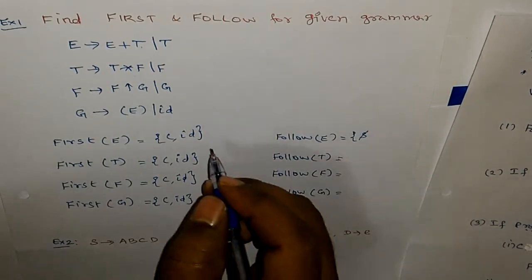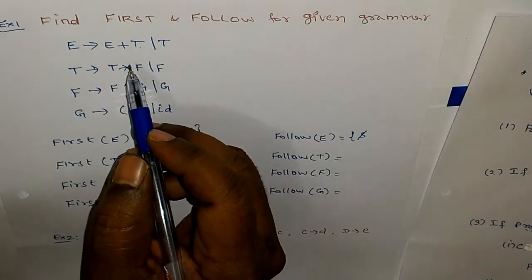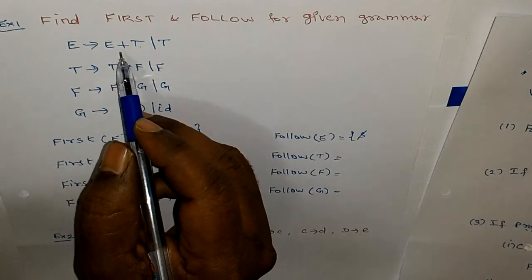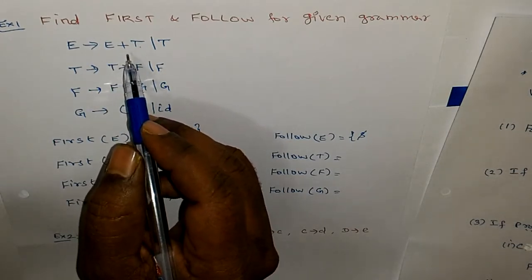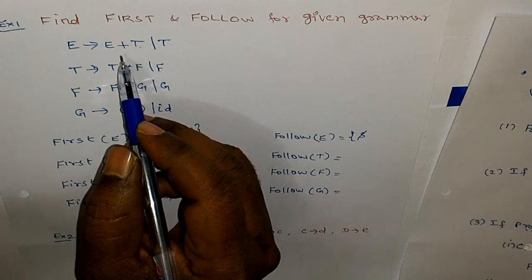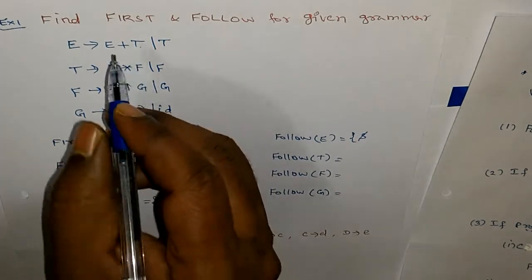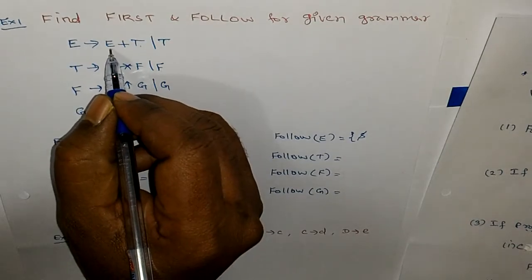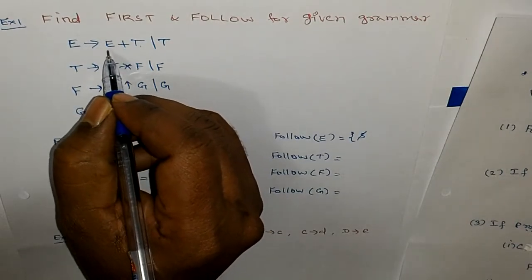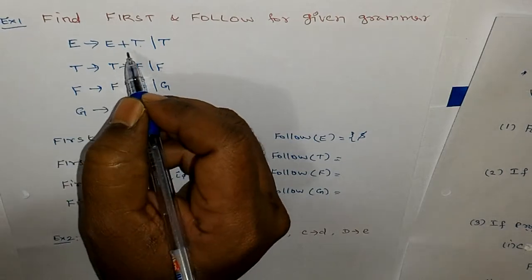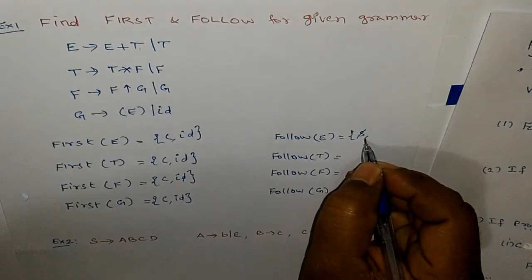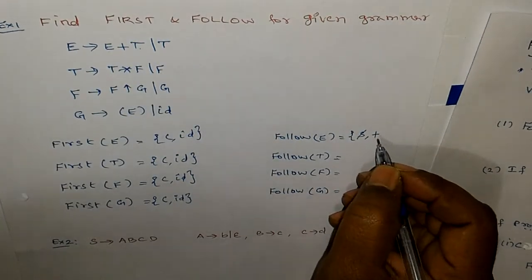Then we have to check wherever E is there in the RHS of all the productions, and find the follow of that. So here E is available, E follows plus, and plus is a terminal, so we can take the terminal as one of the follows.